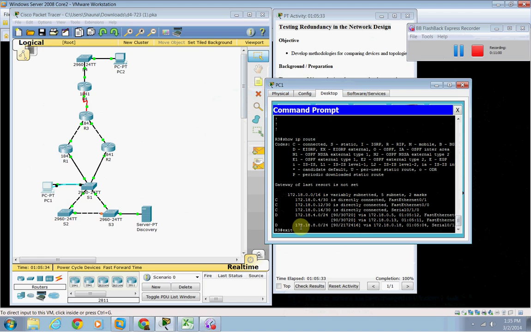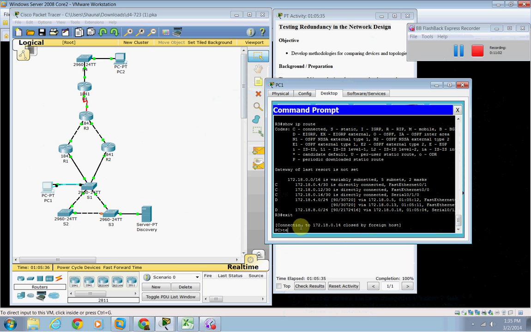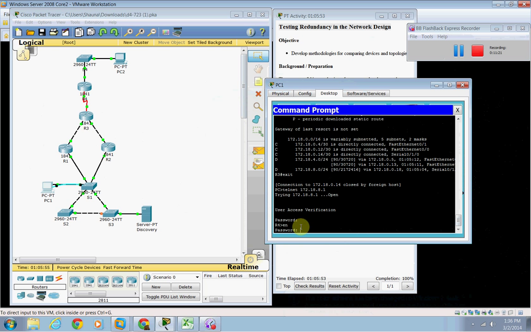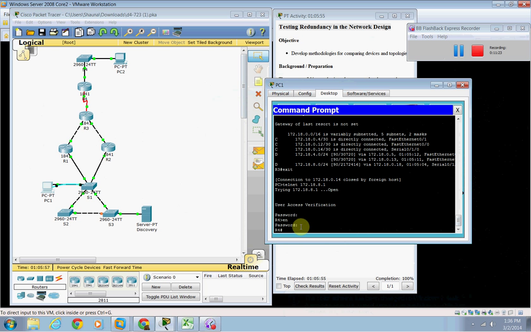Okay, we're going to do an exit. We're going to telnet into router 4, which is 172.18.8.1. Show run.